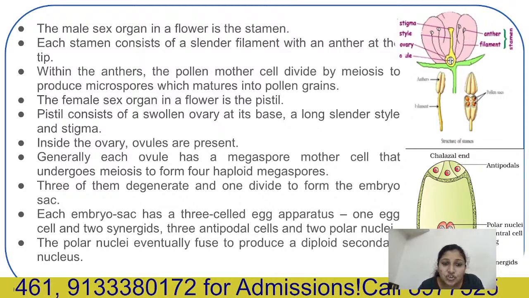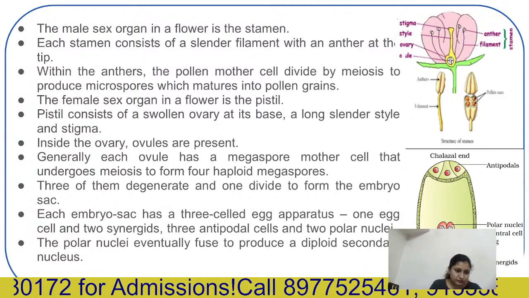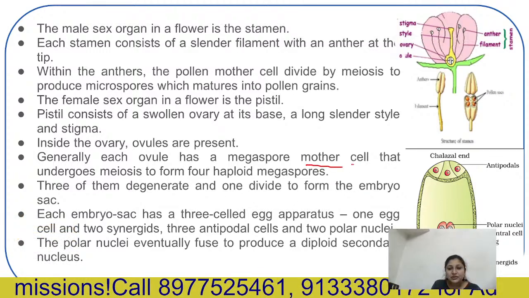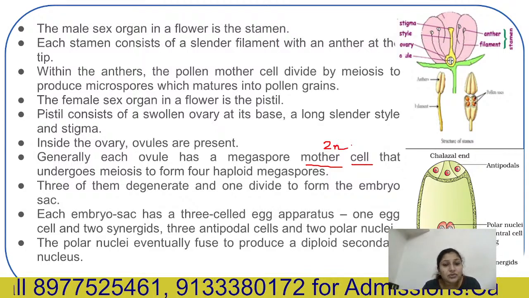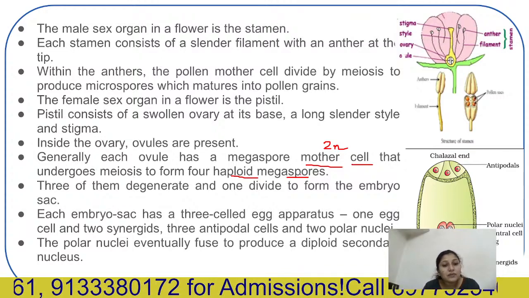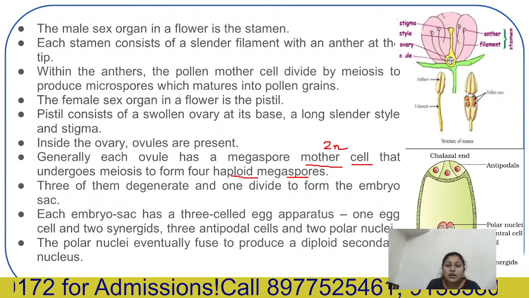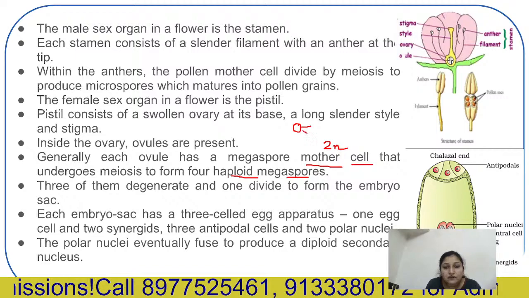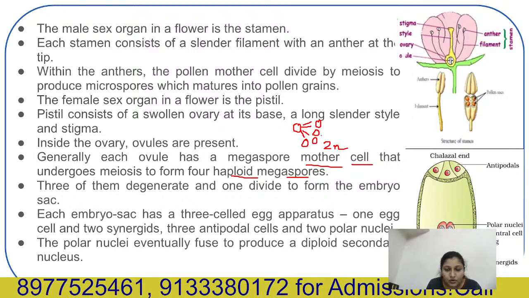Generally each ovule has a megaspore mother cell that undergoes meiosis. Always remember that all mother cells are 2n. So they undergo meiosis to form haploid megaspores. Three of them degenerate. Remember from 10th standard, when one cell undergoes meiosis it forms four cells.